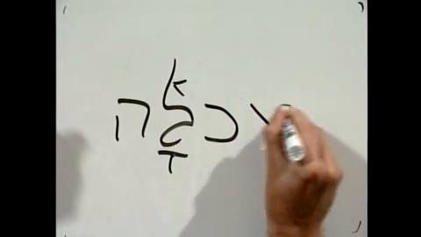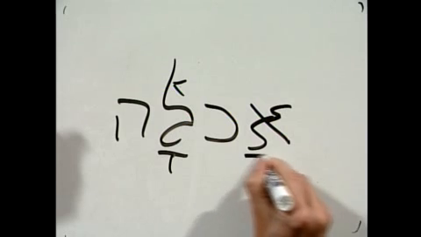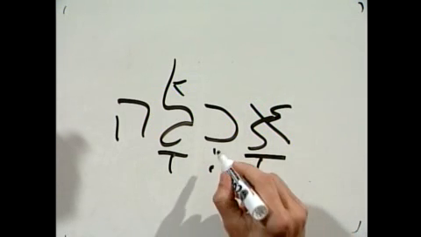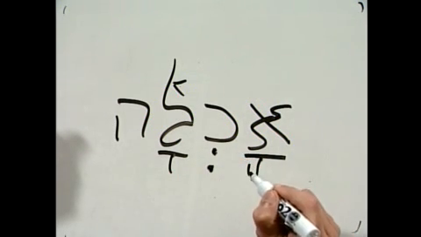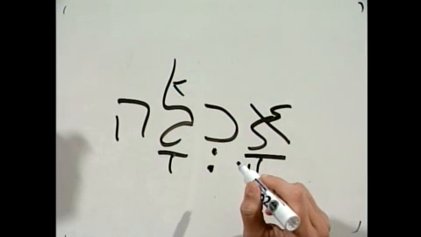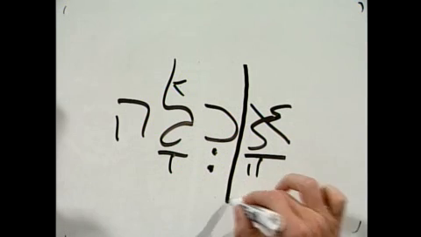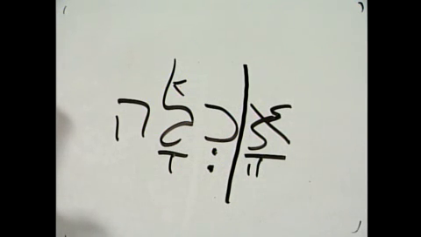The next example that we have is, again, the same word, but this time we have the metheg. And with that metheg, we're going to read the schwa as a vocal schwa. And so vocal schwas begin syllables, and therefore we must put the division here.